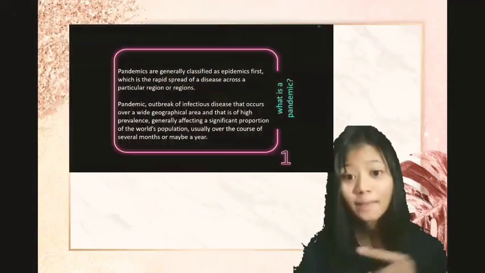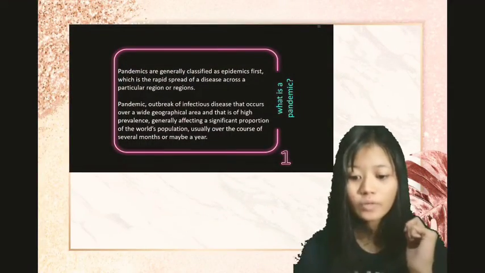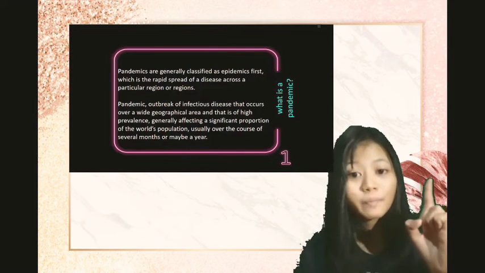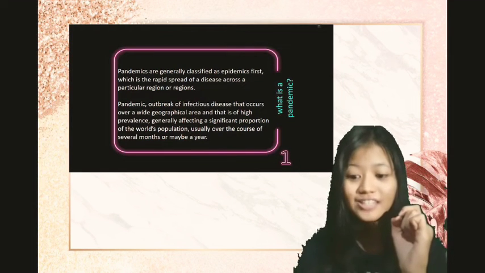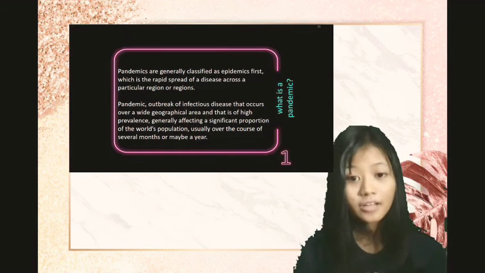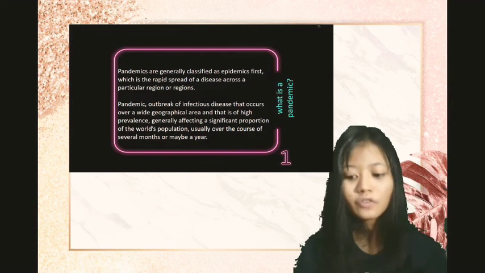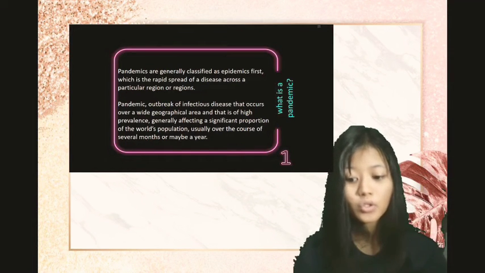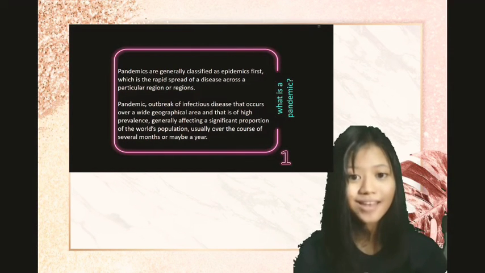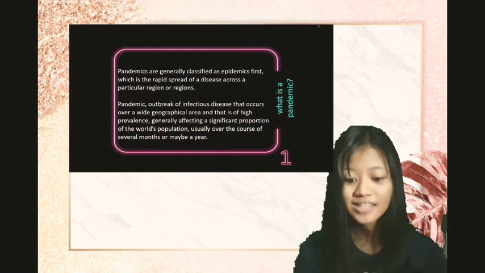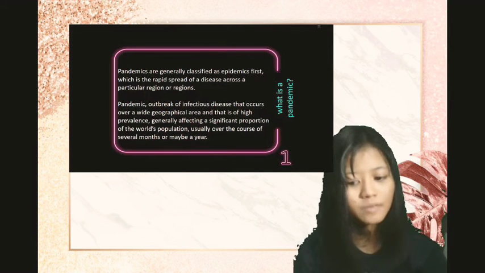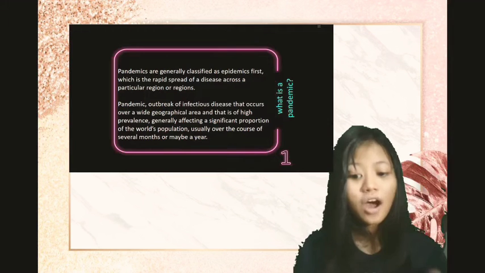Okay, let's get started. What is a pandemic? Pandemics arise from epidemics, which are outbreaks of disease confined to one part of the world, such as a single country. Pandemics, especially those involving influenza, sometimes occur in waves, so that a post-pandemic phase, marked by decreased disease activity, may be followed by another period of high disease prevalence.